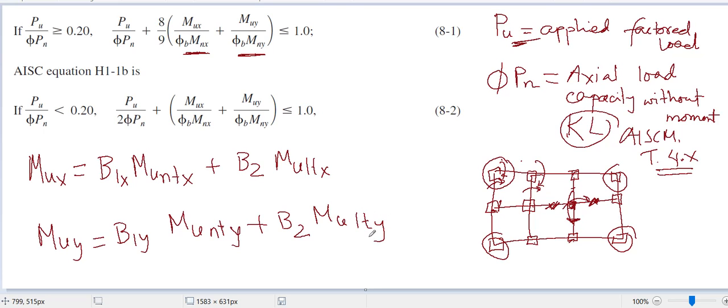What is Mux? Mu means factored moment. What is NT? NT means no translation. That means the first portion is for braced frame, and this portion is for moment frame, that means no bracing.